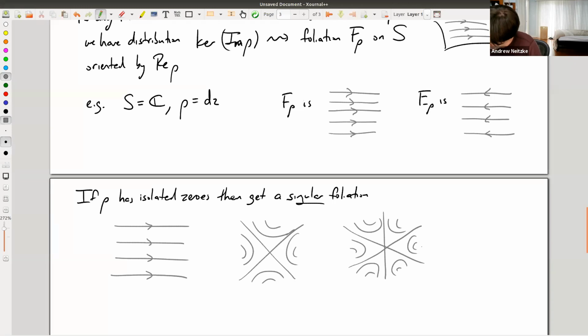Let me try to draw also the orientation. So this is around a regular point, first order zero, second order zero, and so on.